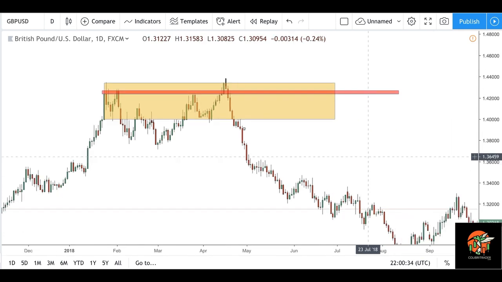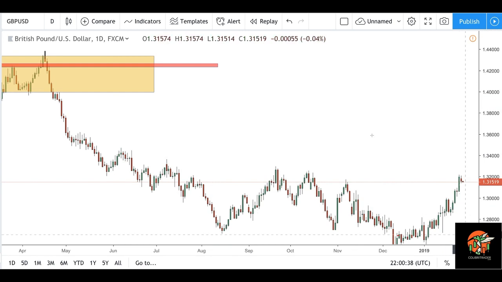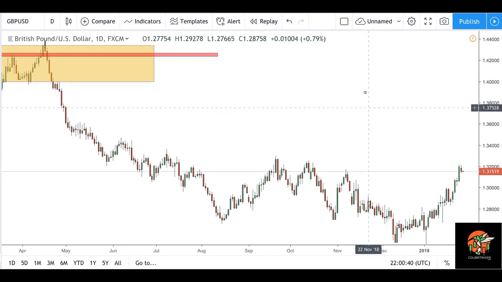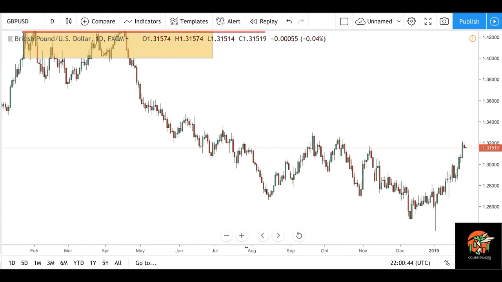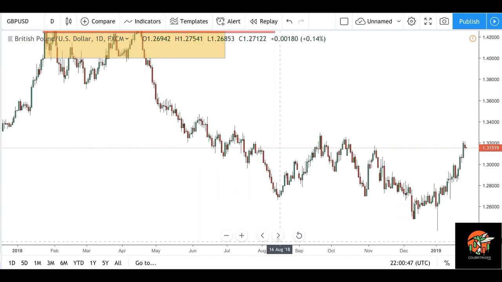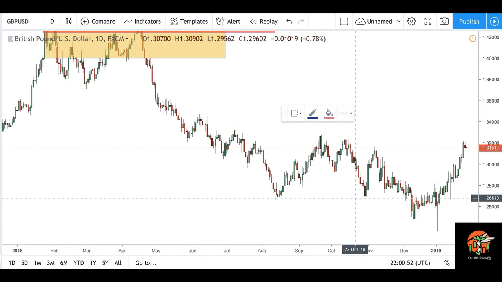Having said that, if we scroll down the chart and go to the present moment of the British pound US dollar, we're going to see that we have another trap. In this case, it's a bearish trap.